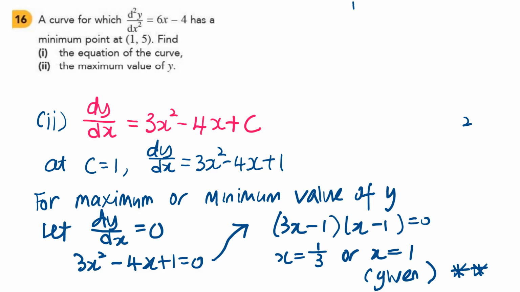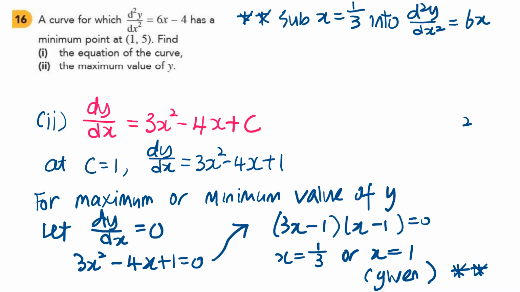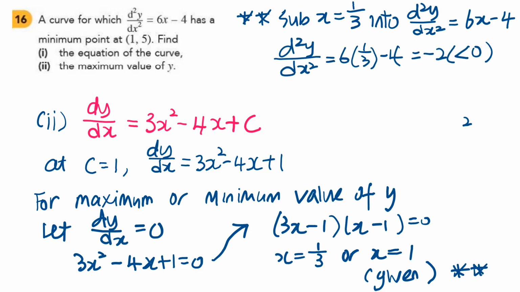So that's the one given. So the other one, x equals 1/3, is the other stationary point. Because it says find the maximum value, we need to make sure that x equals 1/3 is actually the maximum point. So you substitute x equals 1/3 into your d2y over dx squared, and you get a negative value. So therefore x equals 1/3 will give a maximum value.